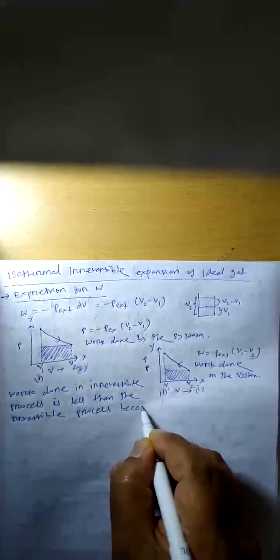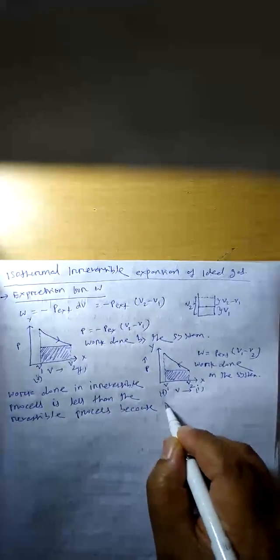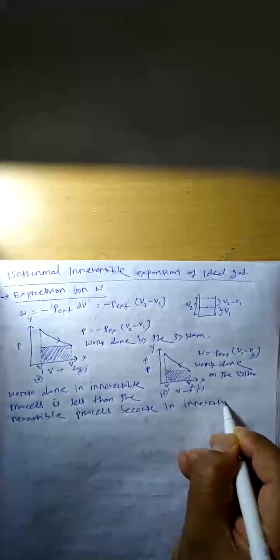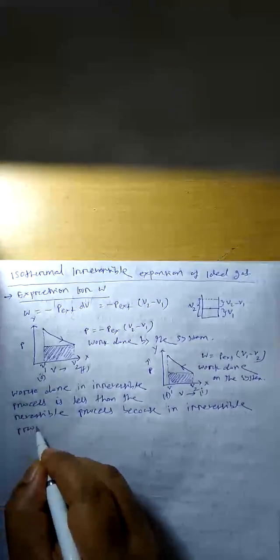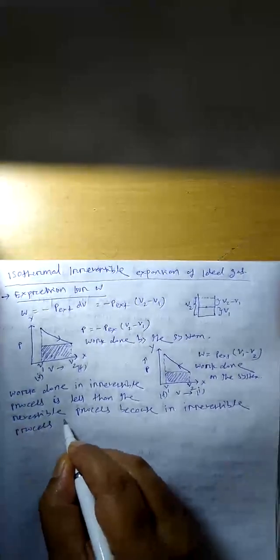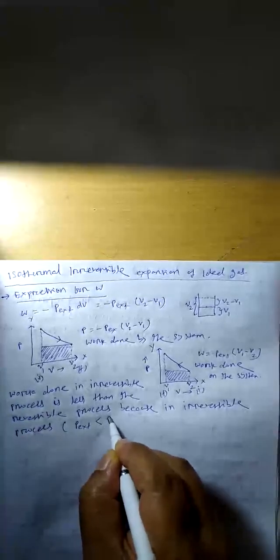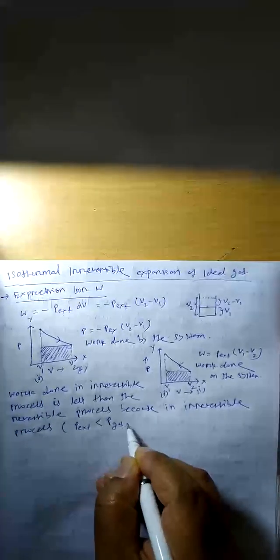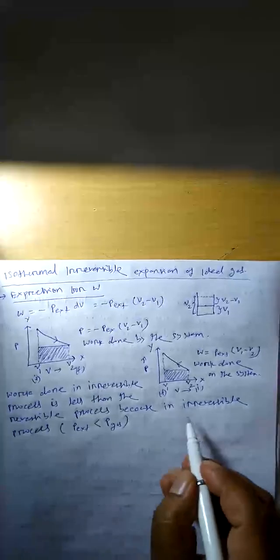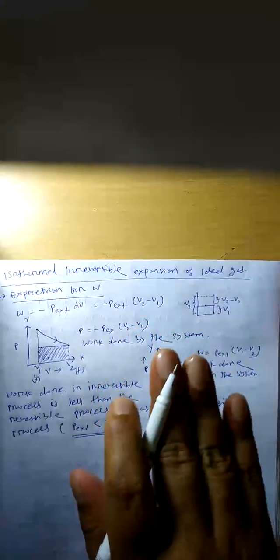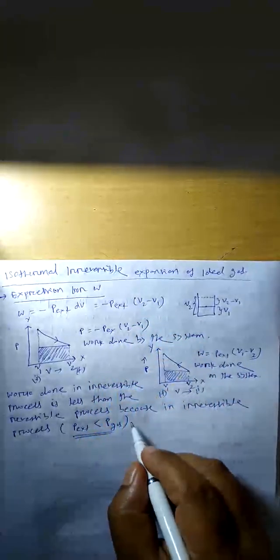Because in an irreversible process, the external pressure is less than the pressure of the gas. In case of an irreversible process, this is the condition. External pressure, meaning the top pressure, is less than the gas pressure.